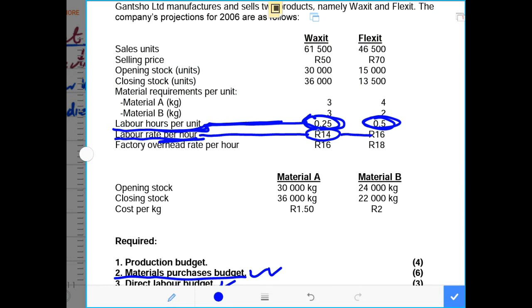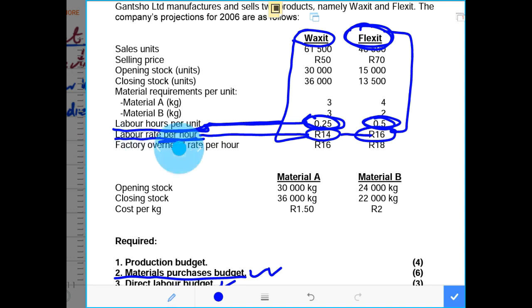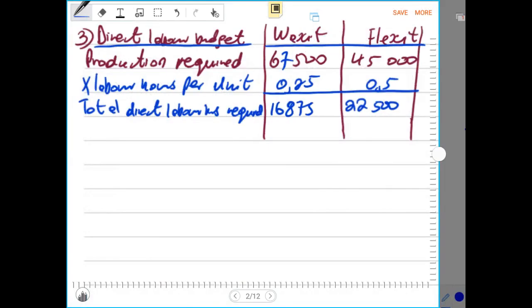That means an employee producing product worksheet will be paid 14 rand per hour, or an employee producing product flexit will be paid 16 rand per hour. So now we multiply by 14 and 16.